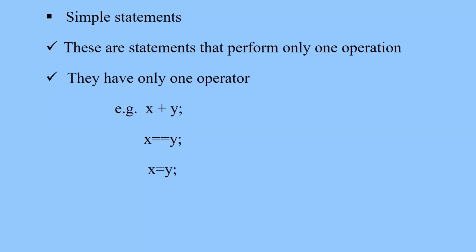Then we have this other statement: X, then an equal sign, and Y. So in Pascal, what do you think this one means?